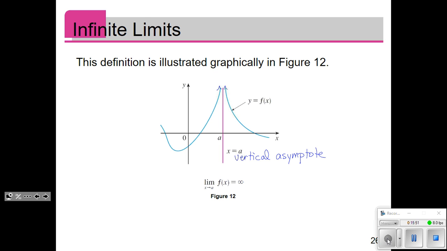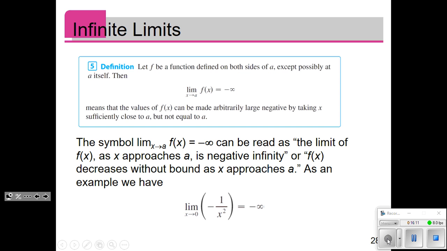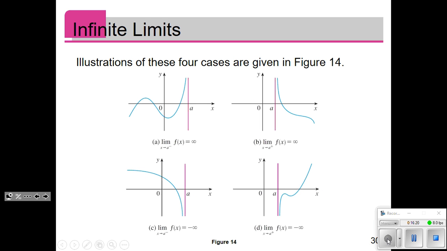Because it approaches infinity both from the left and from the right. Now the one I had on the previous slide, that would be it does not exist because it approached infinity from the left and negative infinity from the right. Same thing here, approaching negative infinity. Again, I'm assuming that they have arrows here. I think we're good. So again, illustrations of the 4 cases.